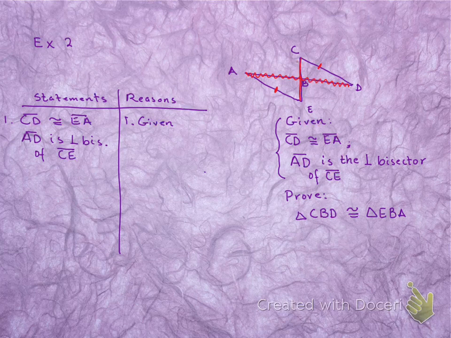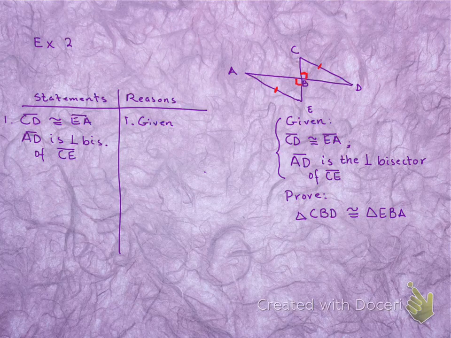Okay, so let's review perpendicular bisector. If AD, first off, is perpendicular to CE, what it does is it leaves a right angle right there. Okay, also right here. That's the perpendicular part.